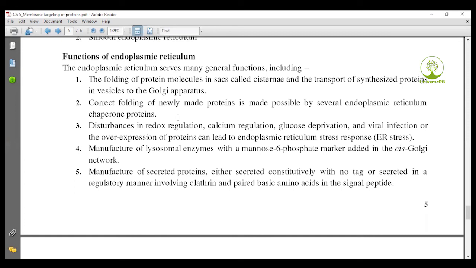You may read about chaperone proteins in your third semester molecular biology 2 course, inside chapter 4, molecular organization of gene and chromosome.